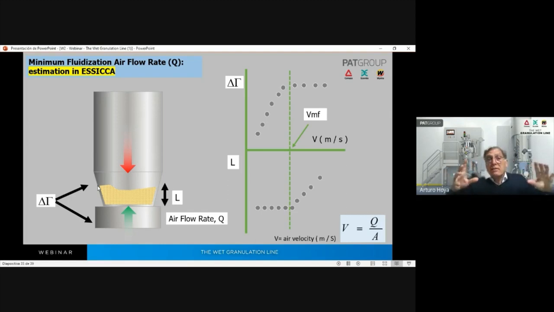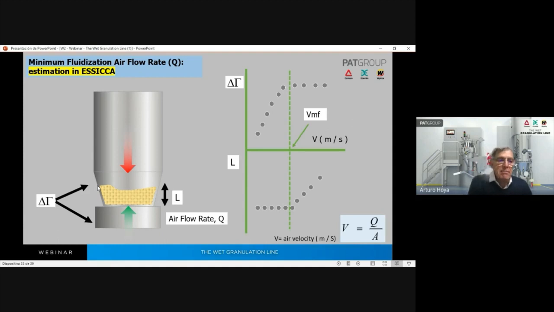You can then increase by X%, 50%, 80%, 20%, depending on the experience you obtain, that allows you to dry efficiently but without attrition or breakage of the granules that produces fines.